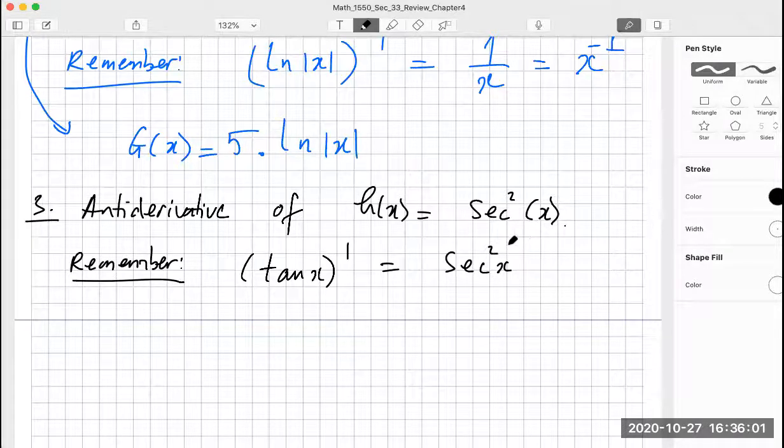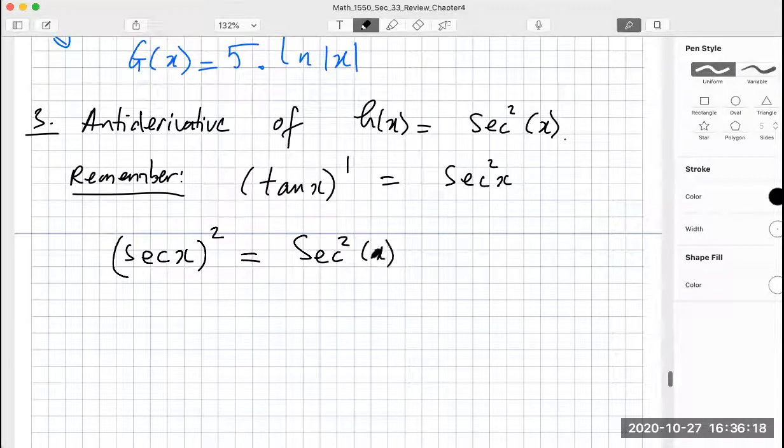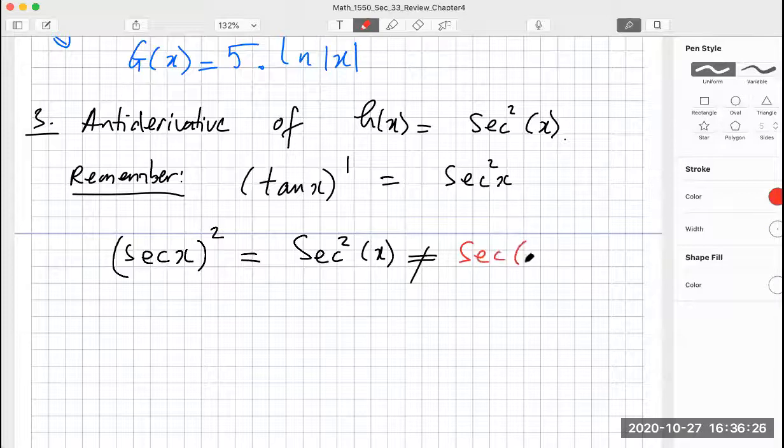And by convention, secant of x, the whole thing squared, we can write as secant square of x. They are the same thing, but they are different from secant of x squared.